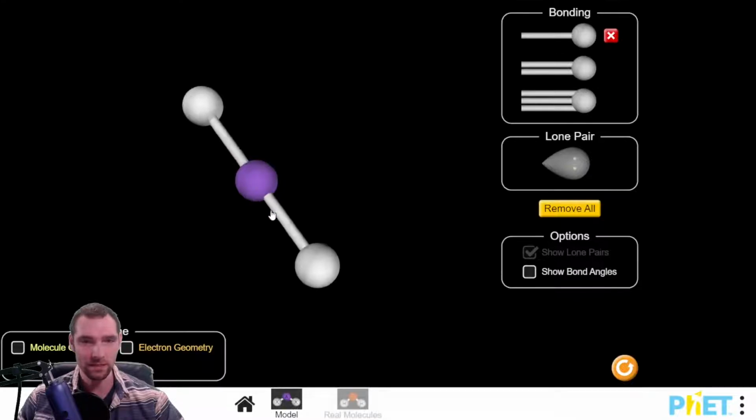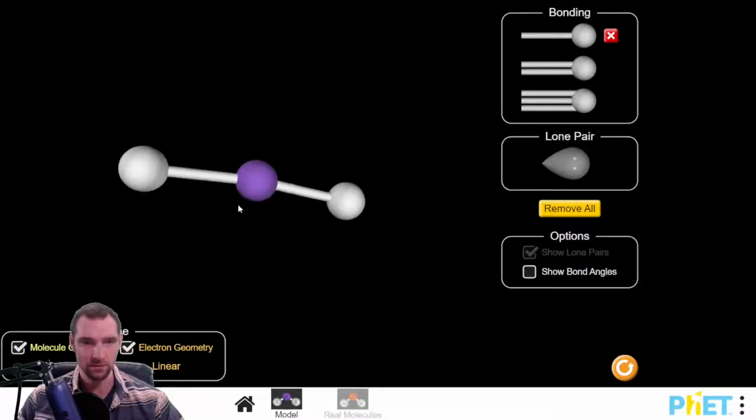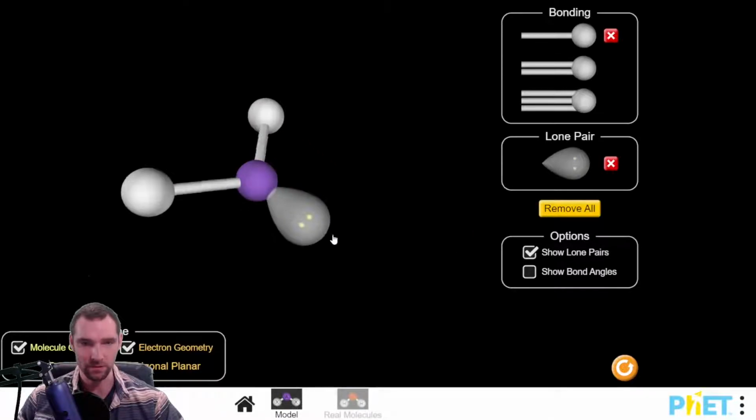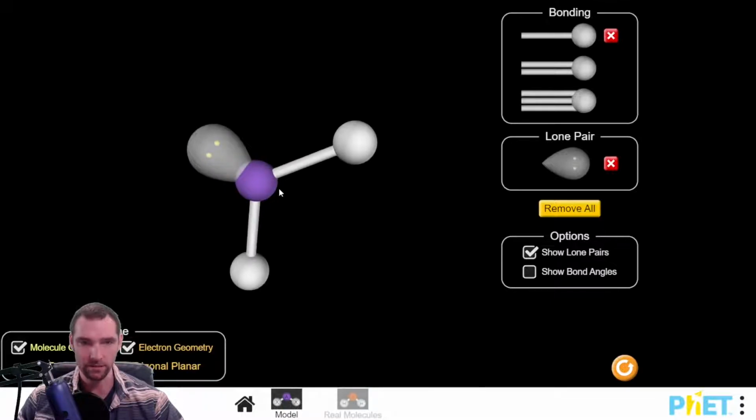But if you see right here, this is a central atom with two things on the opposite sides. If these are the same strength, they're going to cancel each other out with linear geometry. If the two bonds are equal and opposite like that, they cancel each other out. But if you have something like this, where you've got an electron pair on there, like this might be sulfur, oxygen, oxygen, and then an electron pair, so you've got this trigonal planar.